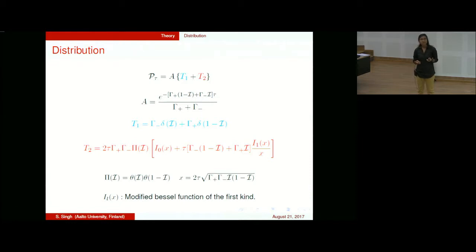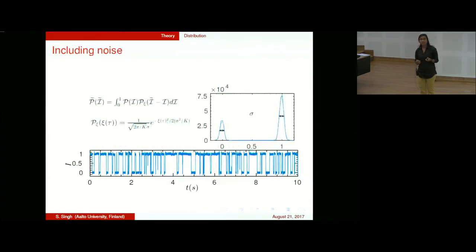But from here, we can't get the distribution that we get from experiment, because in the experiment I have noise to begin with. I don't have either a 0 or 1 state; I have some noise in the system. So we needed to incorporate this noise as well. To do that, we put the histogram without taking any averaging time, and we see that the noise for both states is Gaussian. From fitting the Gaussian you can extract the sigma.